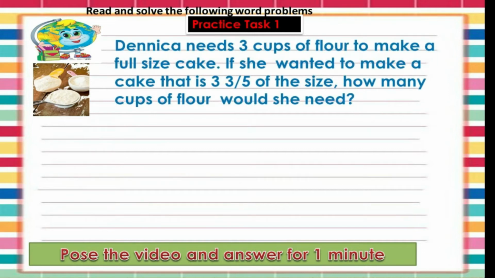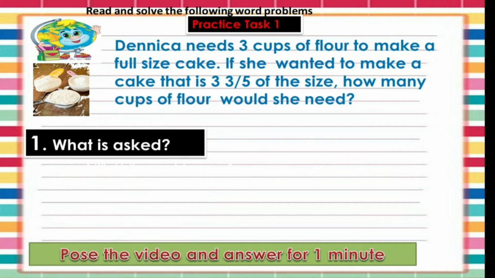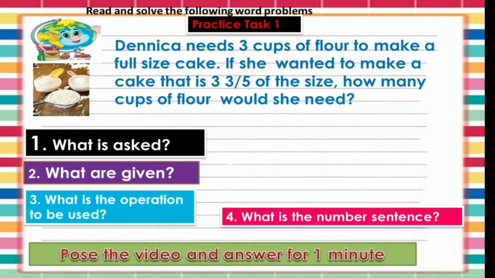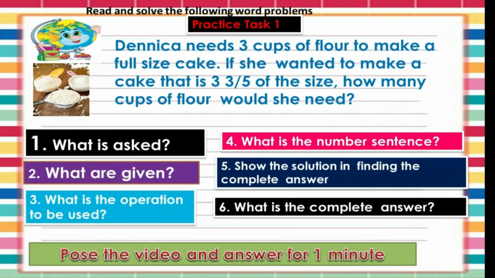Danica needs 3 cups of flour to make a full-size cake. If she wanted to make a cake that is 3 3/5 of the size, how many cups of flour would she need? Okay, answer the steps in problem solving.